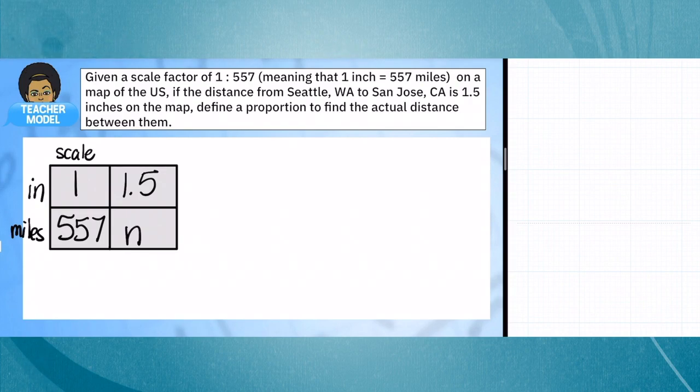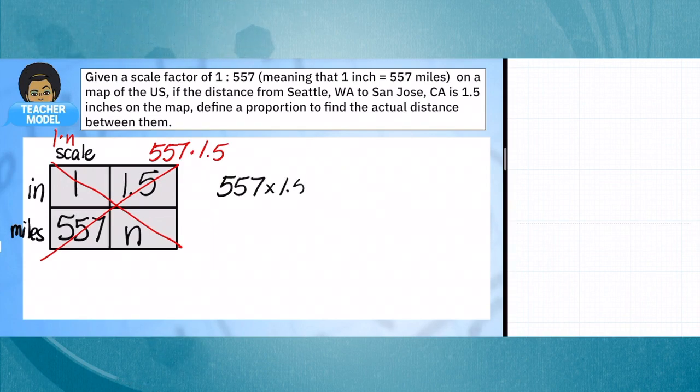So we're going to do our cross multiplying, and in the first part, we know we're going to have 557 times 1 and 5/10. On the other end, we just have 1 times a number. So I'm going to start by writing this out. 557 times 1 and 5/10 is equal to 1 times a number.